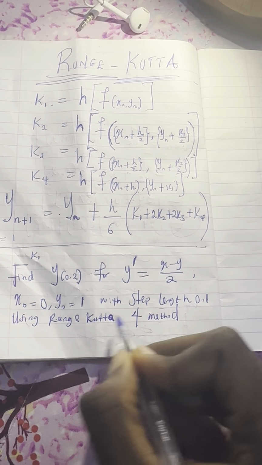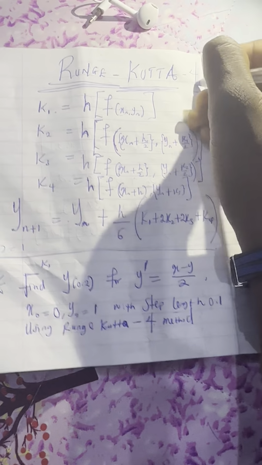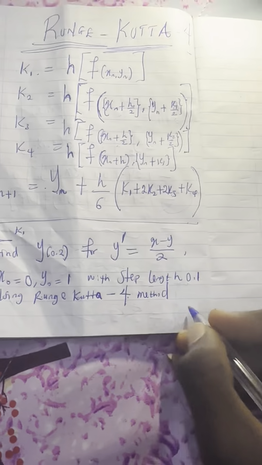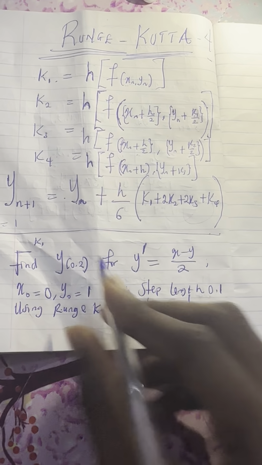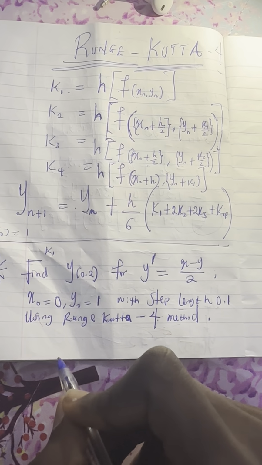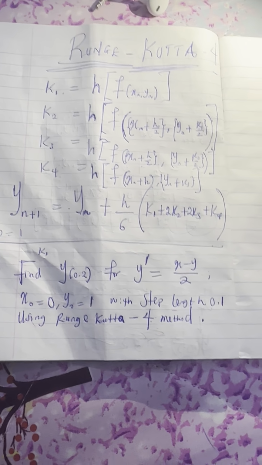We call it RK4 method. So this is the question here. I want to look for y of 0.2. So how many steps am I taking? 0 to 0.1 to 0.2. That's all. Just 2 iterations.